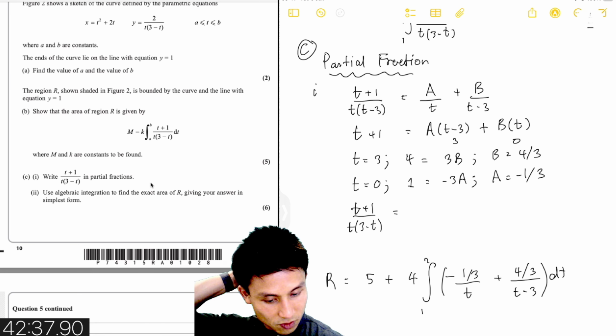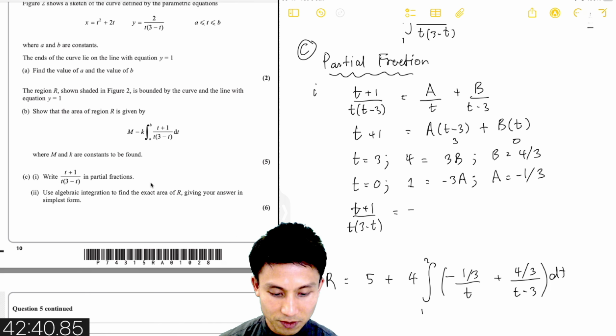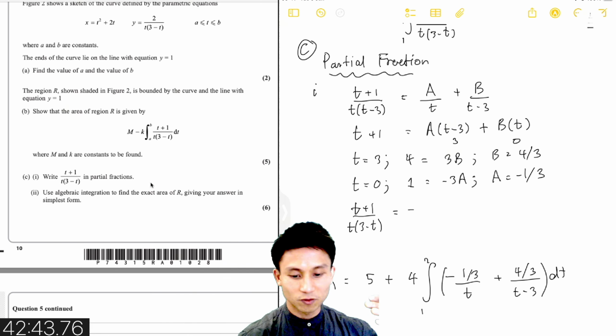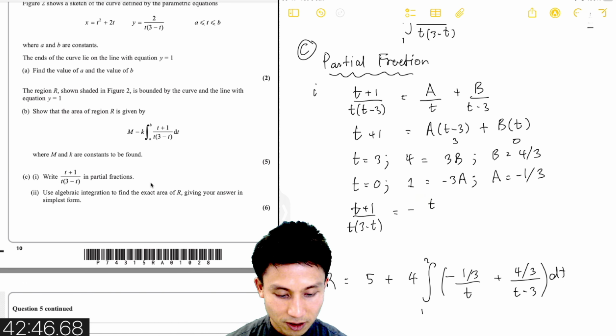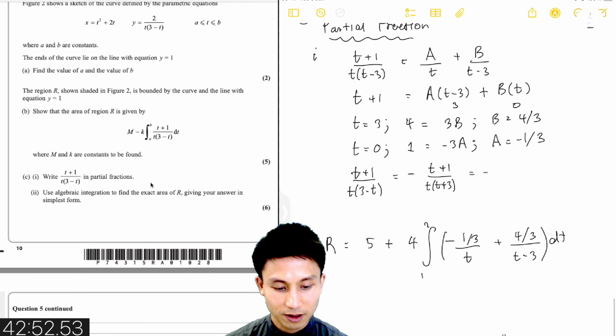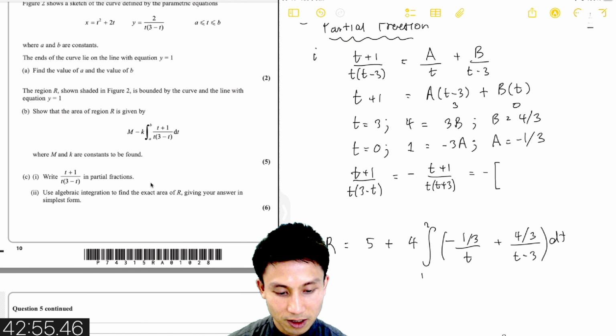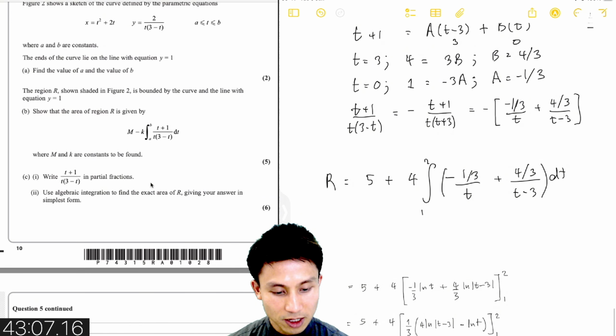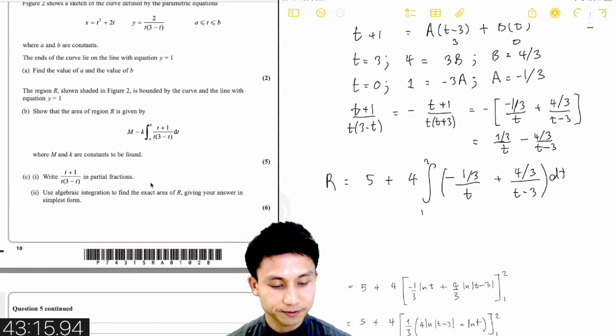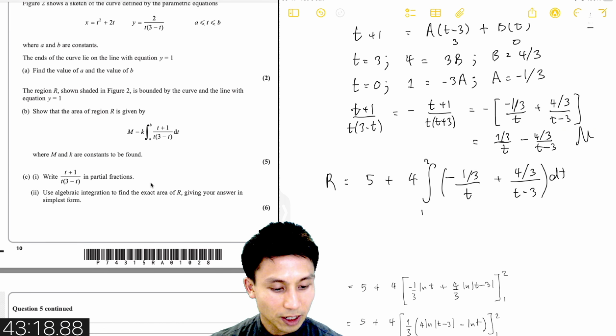I'm going to have to do a minus there because I did t plus 1 over t times t minus 3. So I have to put a minus there. And then I can write minus the whole thing that I put, right? So it would be a, which is minus 1/3 over t, plus b, which is 4/3 over t minus 3. So that would be 1/3 over t minus 4/3 over t minus 3. Yeah, so that is the answer.